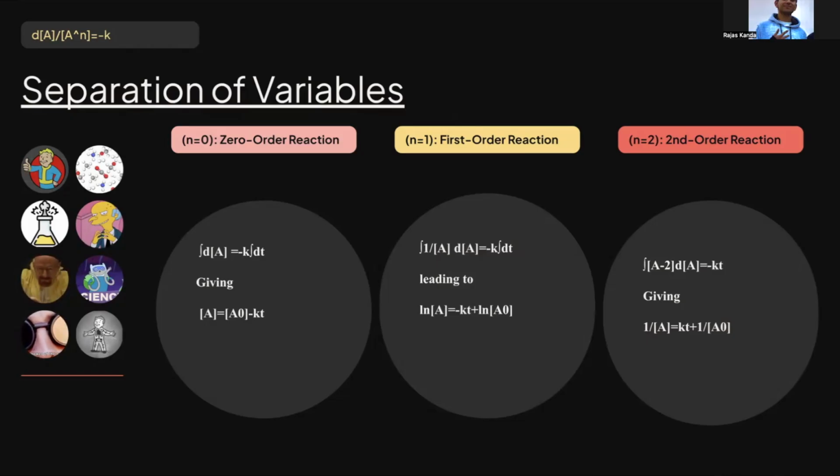For first order reactions, we have the integration of 1 over A dA equals negative k integral of dt, leading it to be ln A equals negative kt plus ln A initial. For second order reactions, we would have the integral of A^-2 dA equals negative k integral dt, giving us 1 over A equals kt plus 1 over A initial.